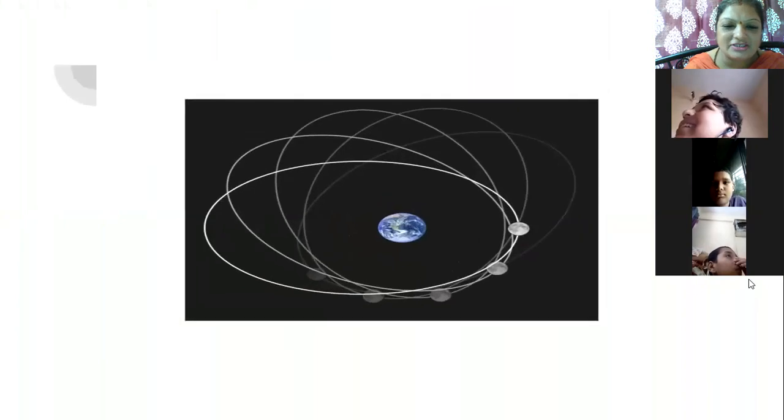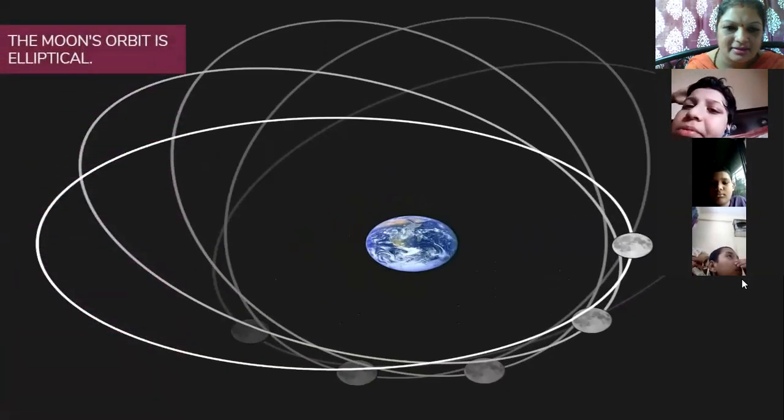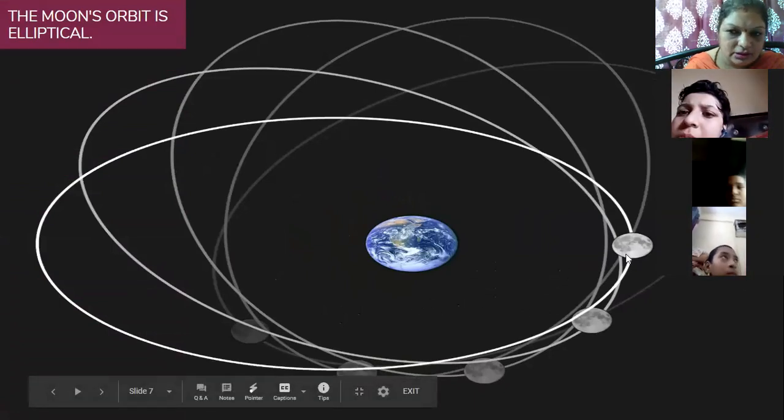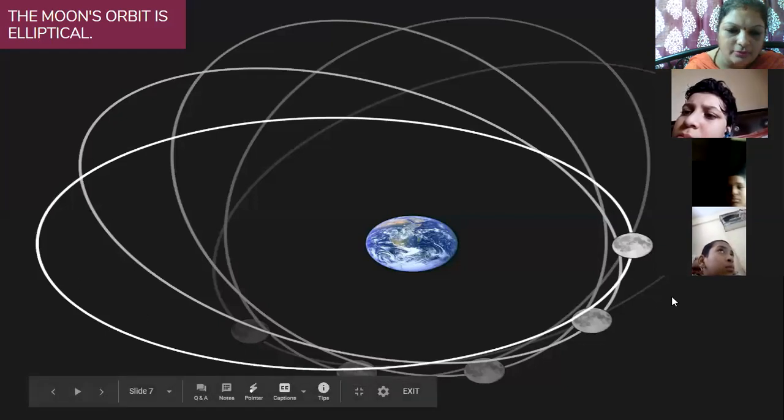Now look at this picture. In this picture, as I told you before, the moon has its own orbit to revolve around the earth. The moon spins around itself, that is axial motion. The moon revolves around the earth, orbital motion.